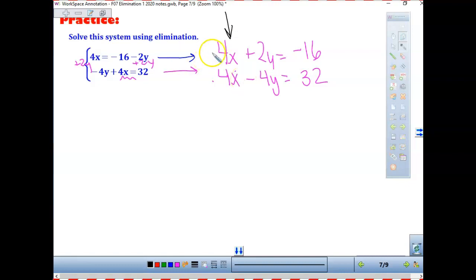Negative. And I actually would probably do the first one, right? But would it matter which one you do? Some of you like to do the second one, some the first one. It does not matter. I'm going to take it times negative 1. So please write negative 4x, negative 2y, and positive 16.